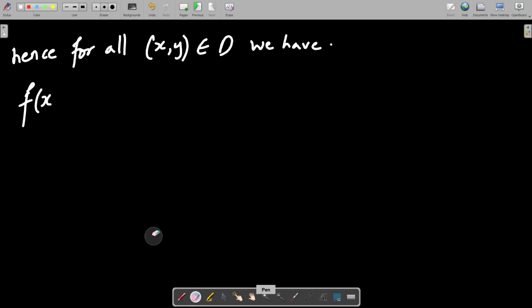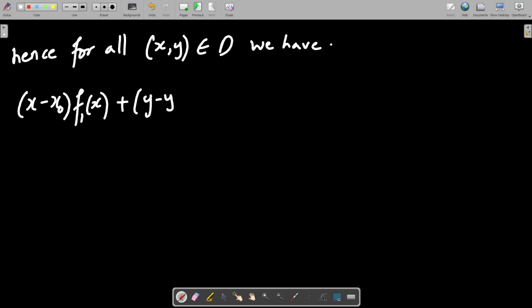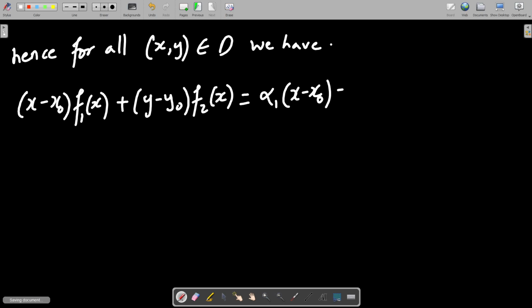Let's start with the LHS as x minus x naught f1 of x plus y minus y naught f2 of x plus alpha 1 times x minus x naught plus alpha 2 times y minus y naught equals f of xy.